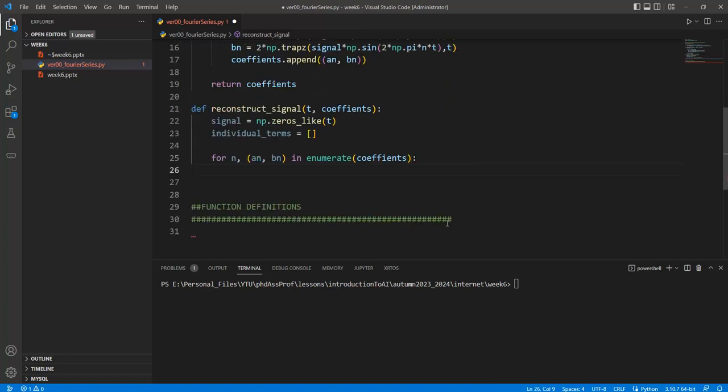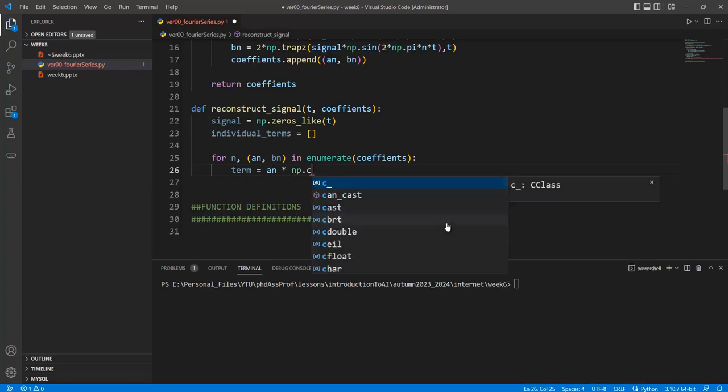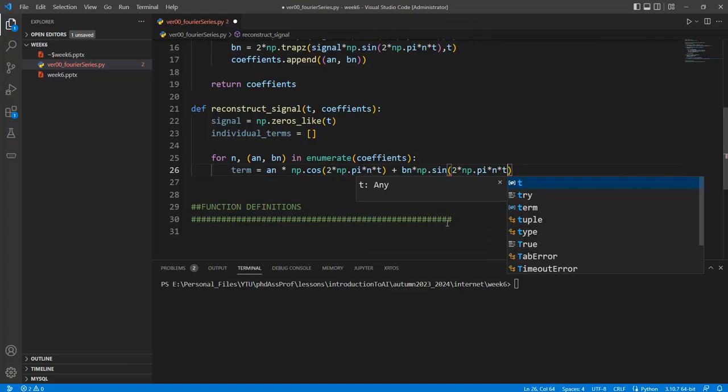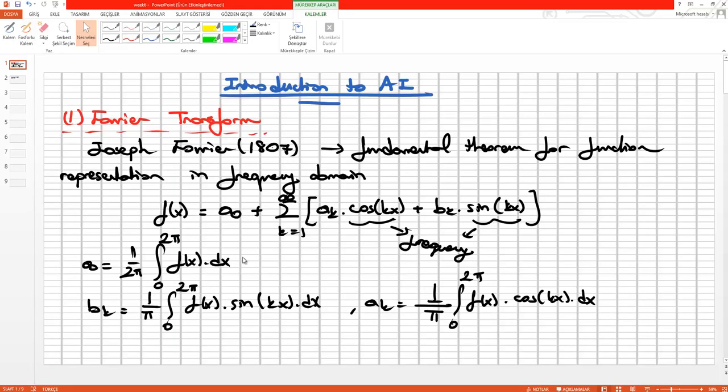And then the term is equal to what? The an times np.cos 2 times np.pi times n times t plus bn times np.sin 2 np.pi times n times t, like this one, right?